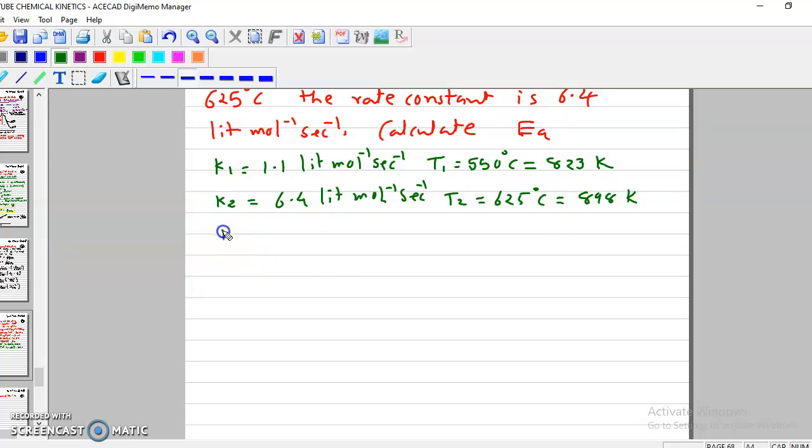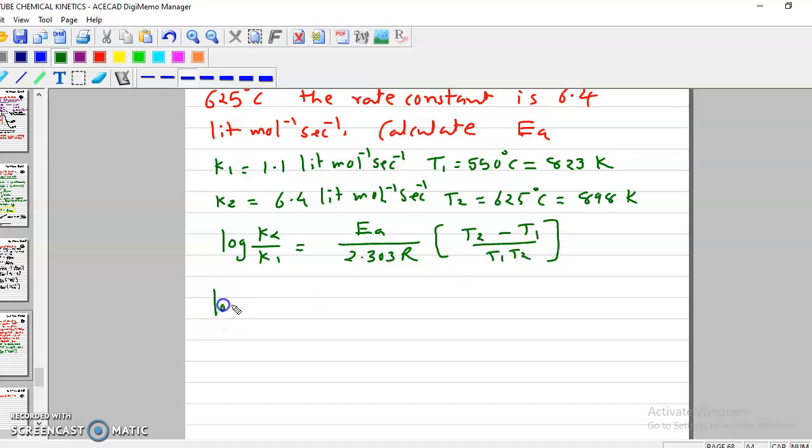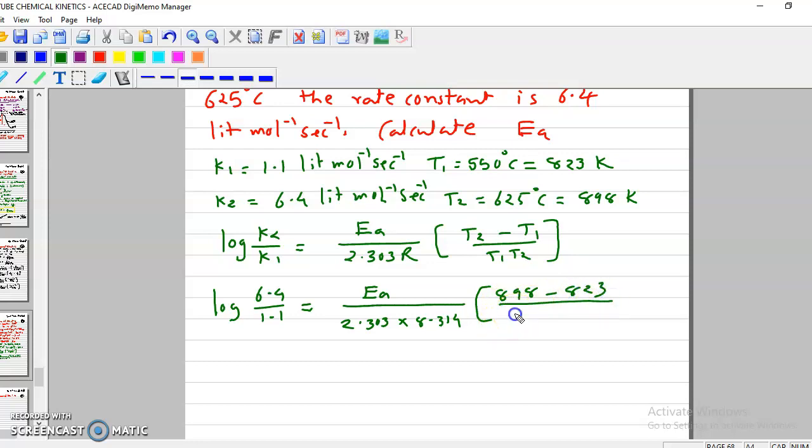Now we can use the formula of the Arrhenius equation: log K2 upon K1 is equal to energy of activation upon 2.303 R bracket T2 minus T1 upon T1 T2. Substitute all values: log 6.4 upon 1.1 is equal to Ea, which we want to find out, upon 2.303 R. If you put 8.314 as R, then your answer will be in joule, that is 898 minus 823 upon 823 multiplied by 898.